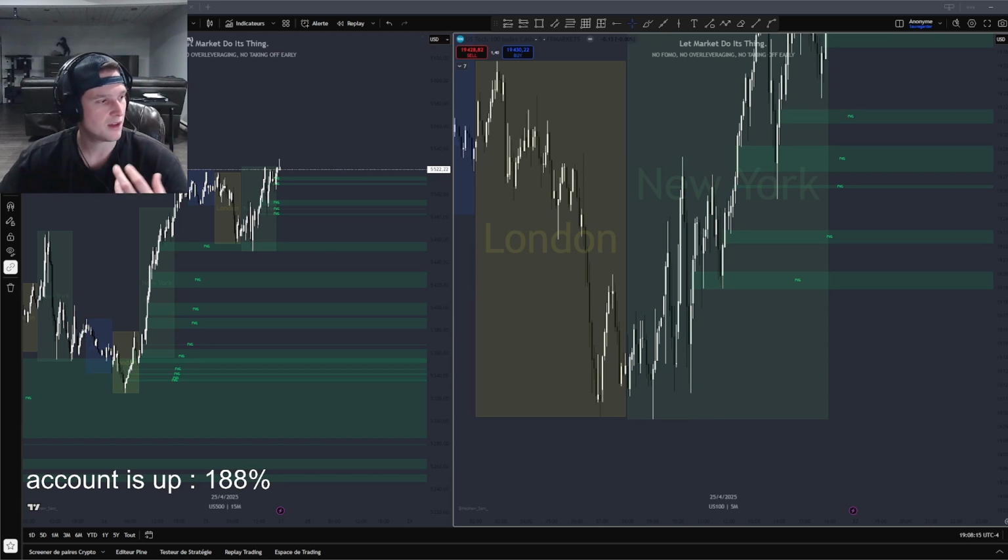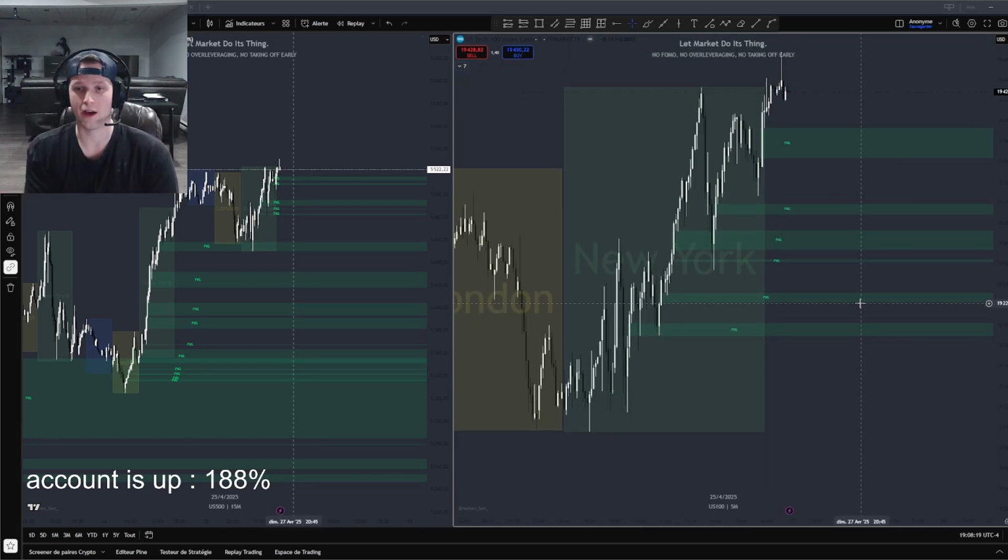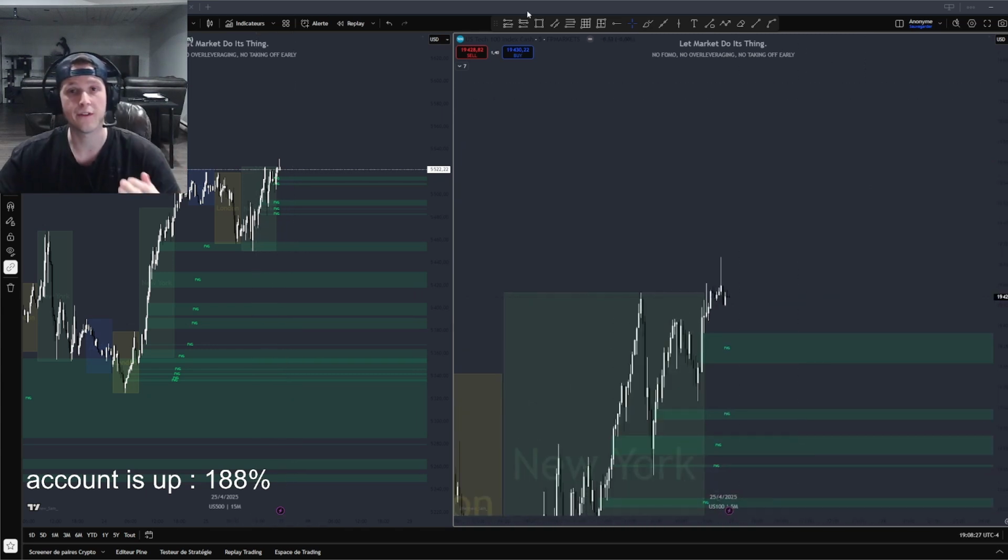So the inverse fair value gap, what is it? It's a fair value gap that gets invalidated, and the invalidation is in favor of your draw. So the fair value gap that was initially created is not in favor of your draw.